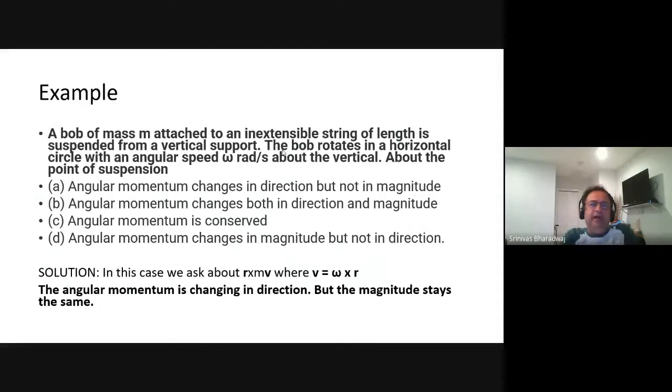Okay, now let's look at this. A bob of mass m attached to an inextensible string of length L is suspended from a vertical support. The bob rotates in a horizontal circle with an angular velocity omega about the vertical.